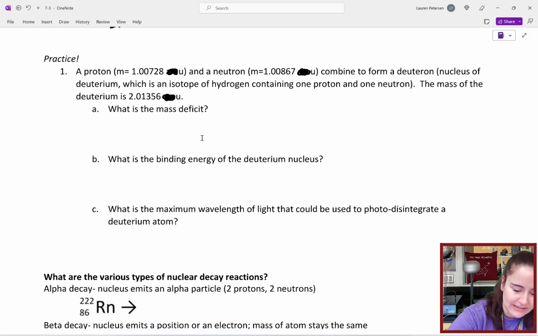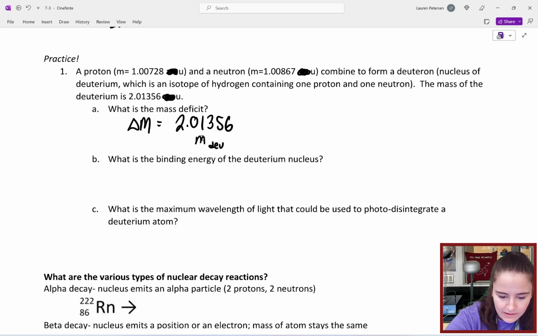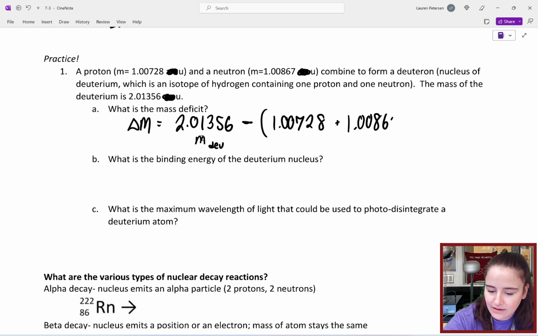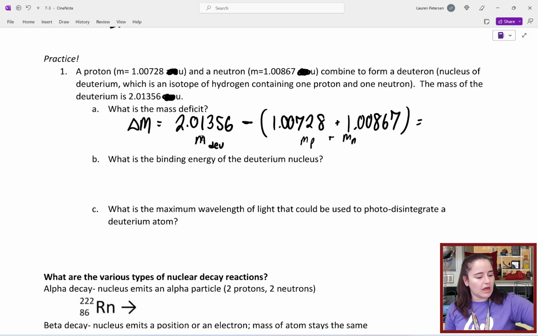So that mass deficit will be the mass of the deuterium, 2.01356, minus the mass of the proton plus the mass of the neutron, so minus the particles that combined to form it. They're giving us the values to a high level of precision.